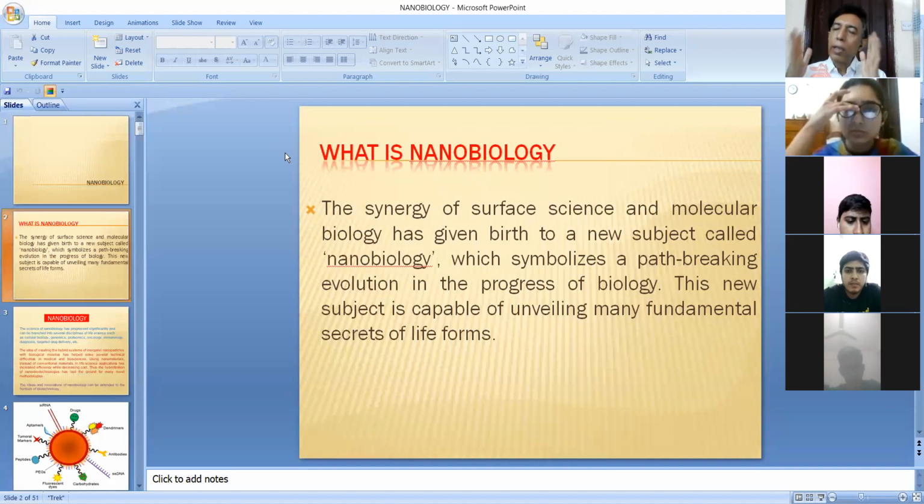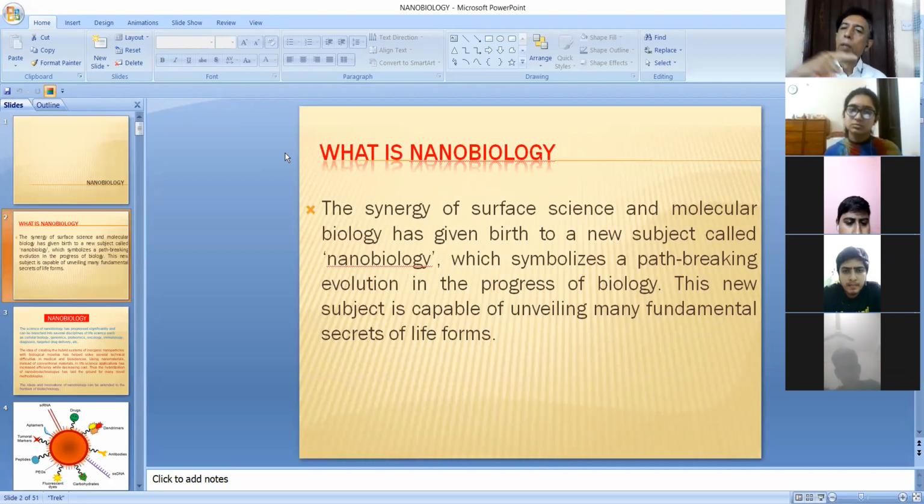It is made of a number of atoms, which has a length of say 10 to 100 nanometer. If you collect a number of atoms which have a length or breadth of, say, from 10 nanometer to 100 nanometer, we will call that a nanoparticle.